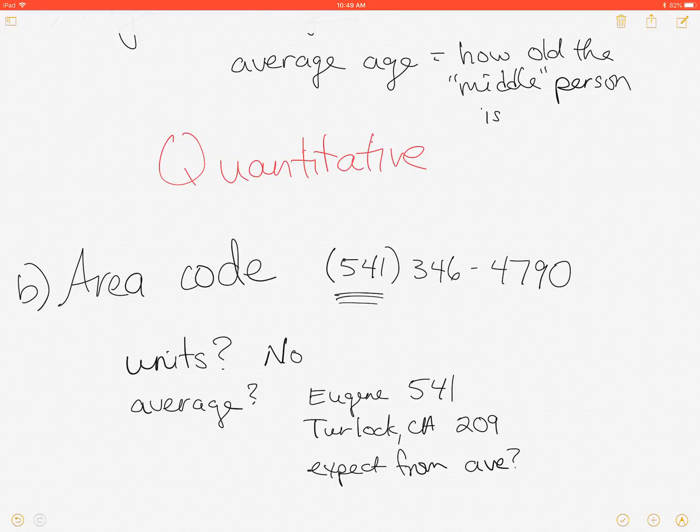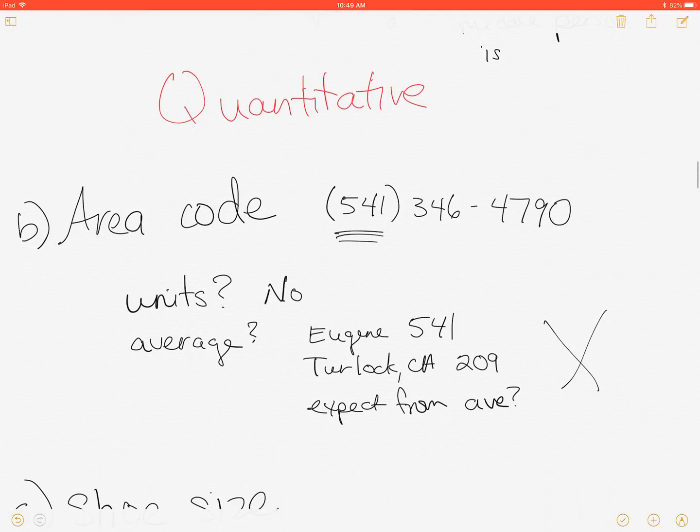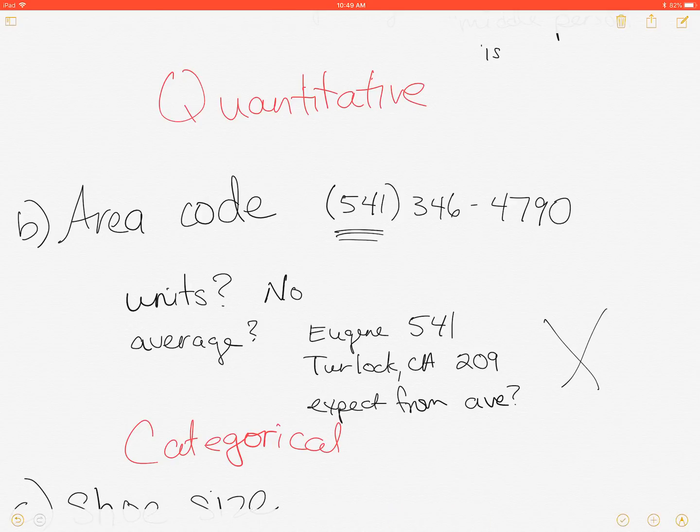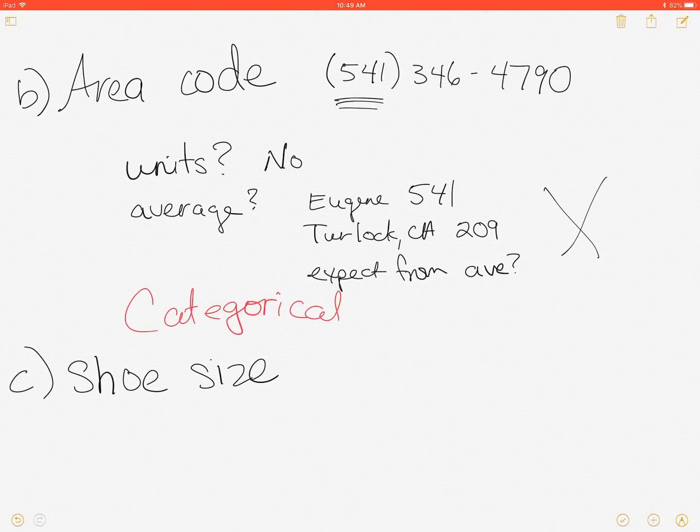I bet you that's not going to be the right number. This doesn't make any sense. Averaging them, adding them, subtracting them, they don't really have meaning. So doing that isn't going to help us. And so this is categorical. Easier ones would be like color, red, green, blue, yellow. Those are more obviously categorical because they're not numbers at all.